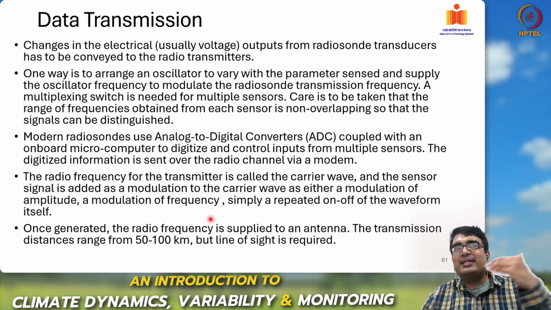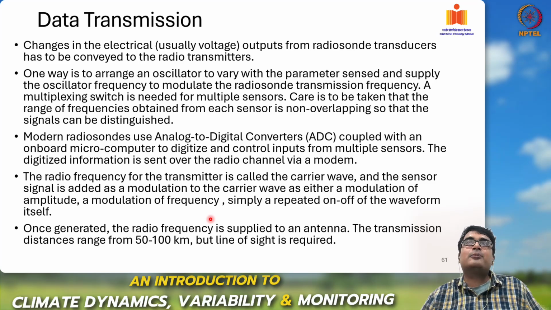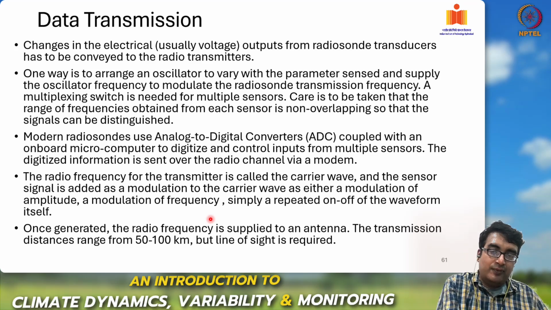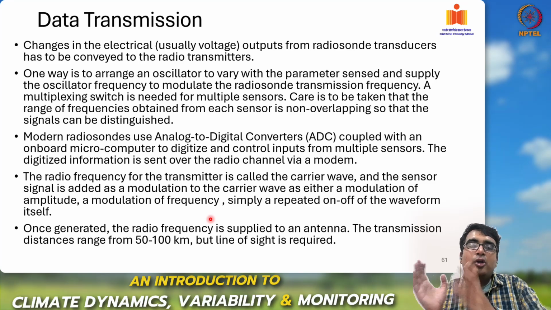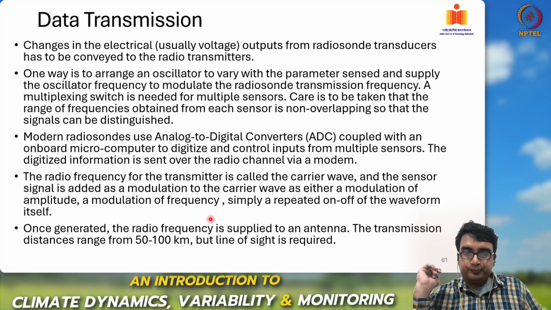How many times the signal has been turned off and on gives the number of pulses per second, and that gives an idea of the required variable. So, it can either be a change in frequency of the transmitted audio, a change in amplitude of the transmitted audio, or an on-off nature of the transmitted audio.